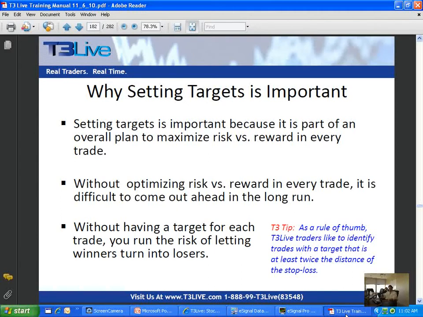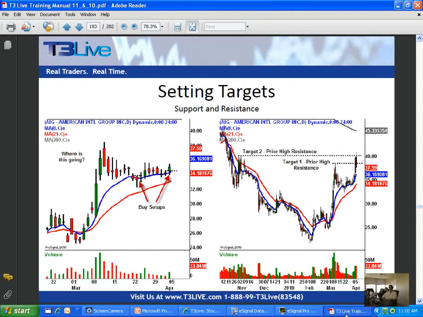Well, let's look at the examples of targets and let's see if that answers your question. So we have support and resistance. Okay, this is one example of targets. So what we do in this example is we look left. So on the chart to the left here, we ask the question, where is this going? You have your buy setups on your moving averages.